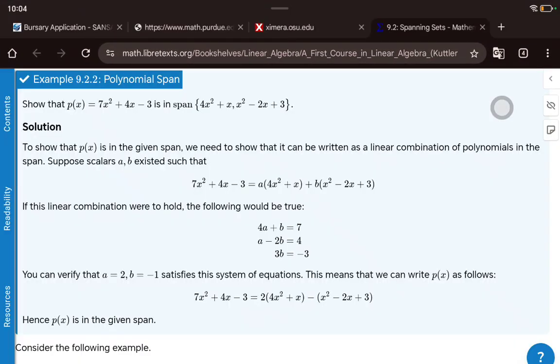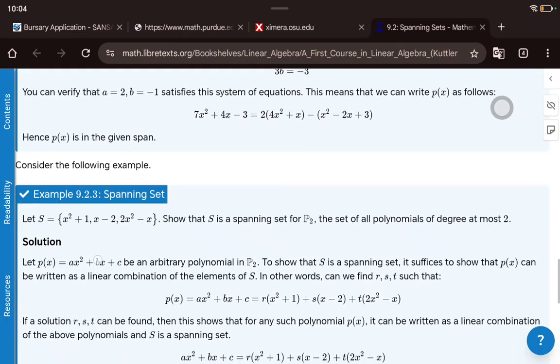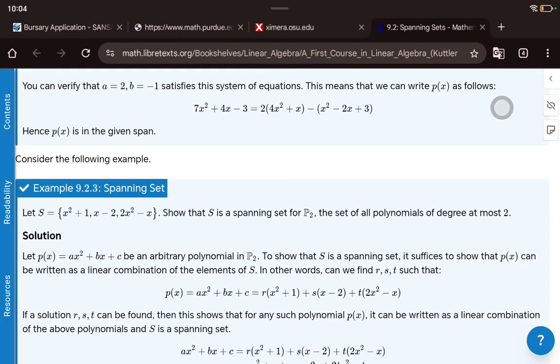See? Then now let's look at this. We have this question now. They say let S be that, then they say show that S is a spanning set for P2. Let me take this question.